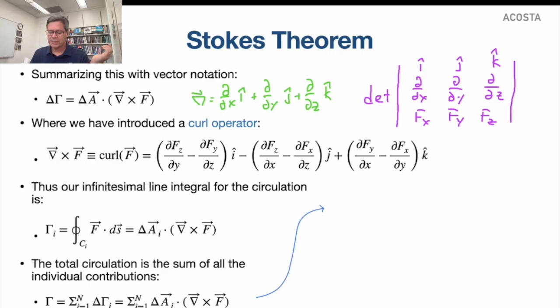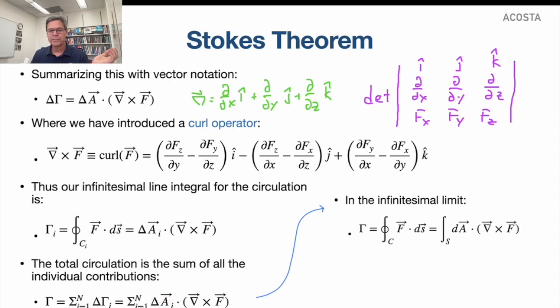In the infinitesimal limit, where delta A_i becomes infinitesimally small, this sum of a bunch of infinitesimally small areas becomes a surface integral.